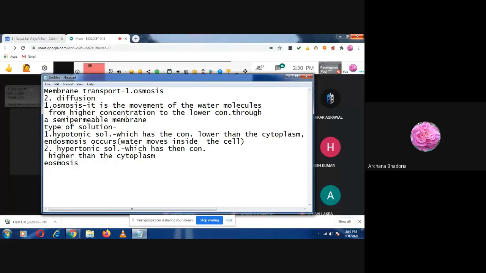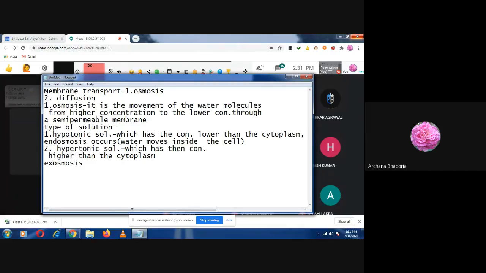Are you getting what I am saying, children? Hypotonic solution is that which is having more water and less solutes. Okay, and hypertonic solution is that which has higher concentration of solute and less water.